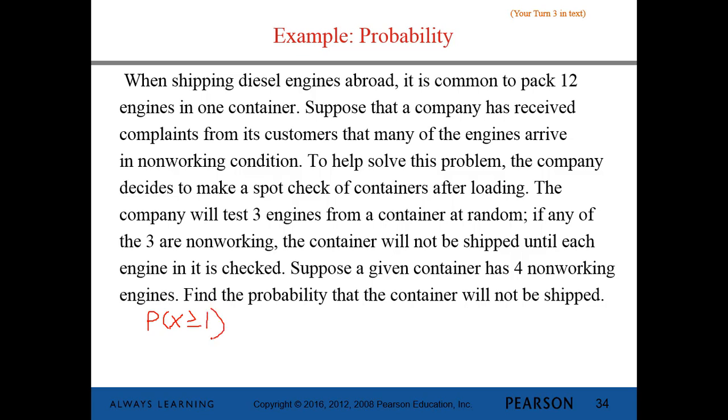If we were going to do this directly, we would have to find the probability of having exactly one defective out of the three, plus the probability of having two defective engines, and then add the probability of having three.